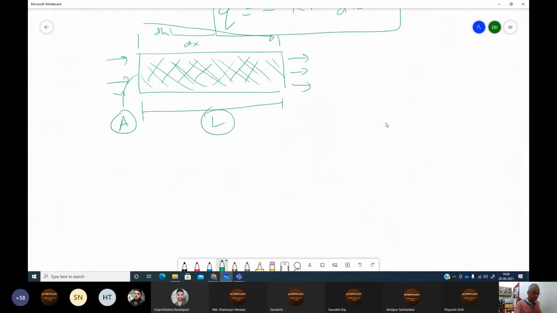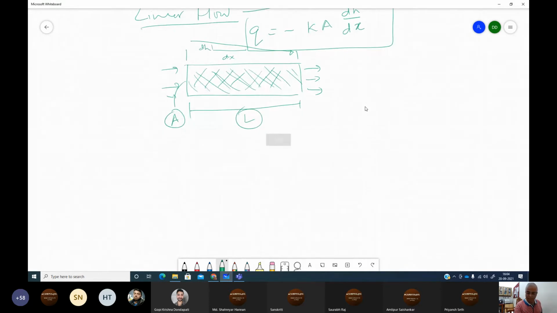So what we are going to do now, this formula, we are going to write Q dx, and we'll integrate it, minus A dH. So we'll write this is LA to LB and this is HA to HB.